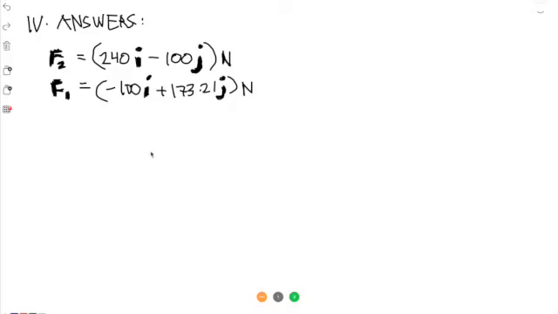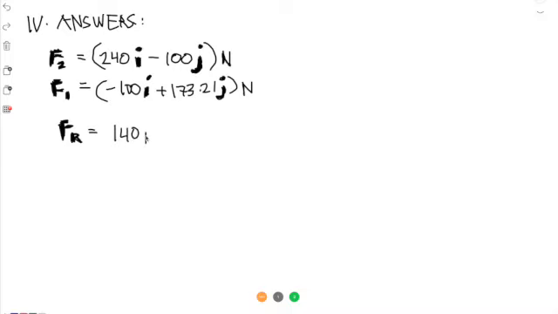The problem didn't ask us anything about getting the resultants, but if you want the resultants, you can just add the components going in the same axis, the x-axis and the y-axis. The resultant for this would be 240 plus negative 100, that would be 140.